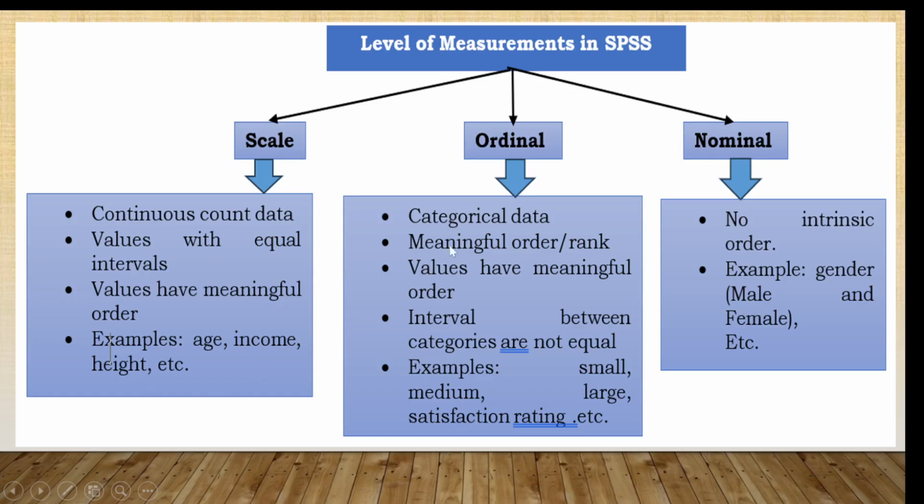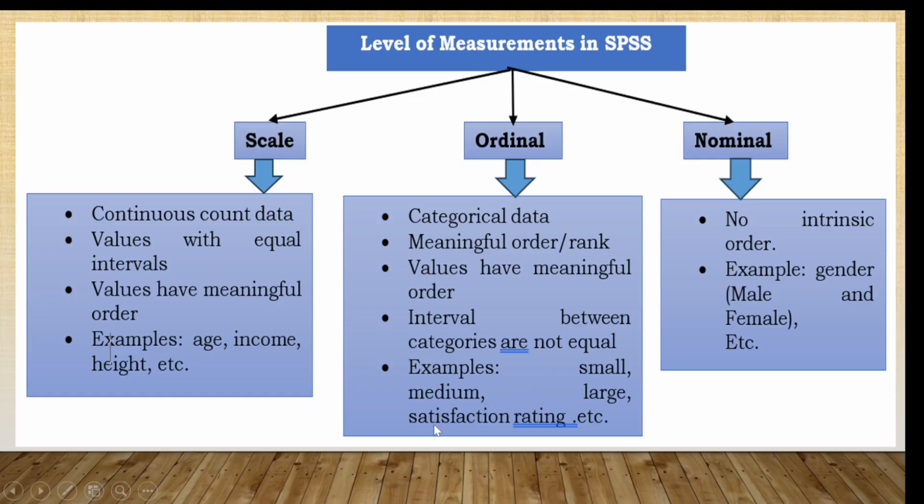The ordinal is data which are organized in order, for example, first and second, etc. They have meaningful order or rank. The intervals between the categories are not equal. For example, if you organize data as small, medium, and large, you cannot have equal intervals between these ranks.